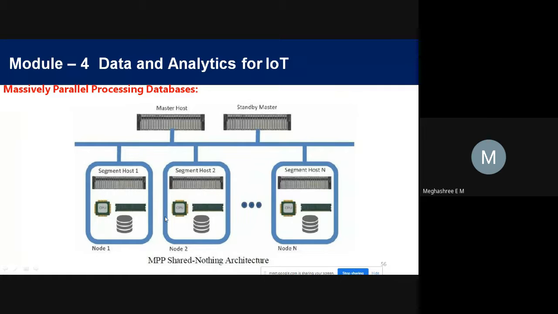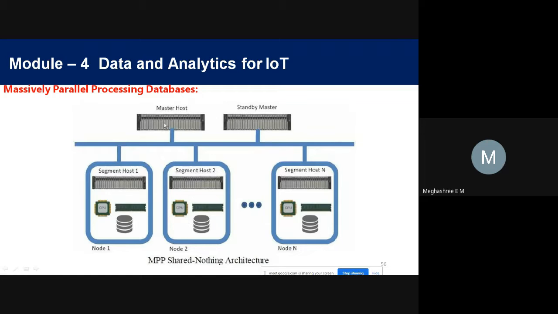These database types process massive data in parallel across many processors and nodes. You can see here multiple nodes are there. Data can be processed in multiple nodes or processors, which helps to return the answer to your query very fast. That is about the MPP database.